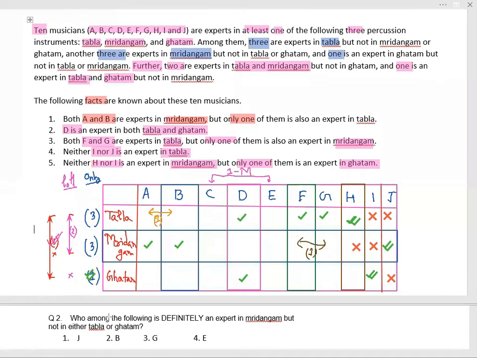Second question: who among the following is definitely an expert in mridangam, but not in either tabla or gatham? That means only a double tick in mridangam is needed, and we have already seen that the double tick in mridangam appears for J. That means my second question's answer is J, option E.